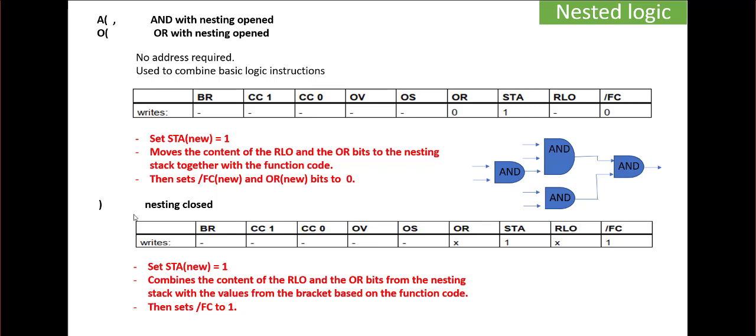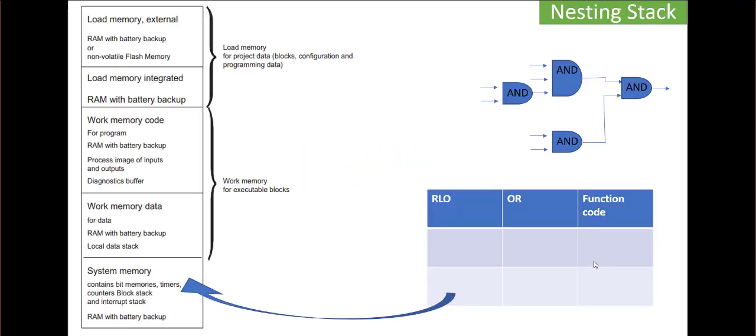And then at the end of your nesting block, you come to the nesting closed instruction. What the nesting closed instruction does is that it will always reflect a status of 1. It will process the entry that was placed by the nesting opened instruction based on the function code that appears inside the nesting stack.